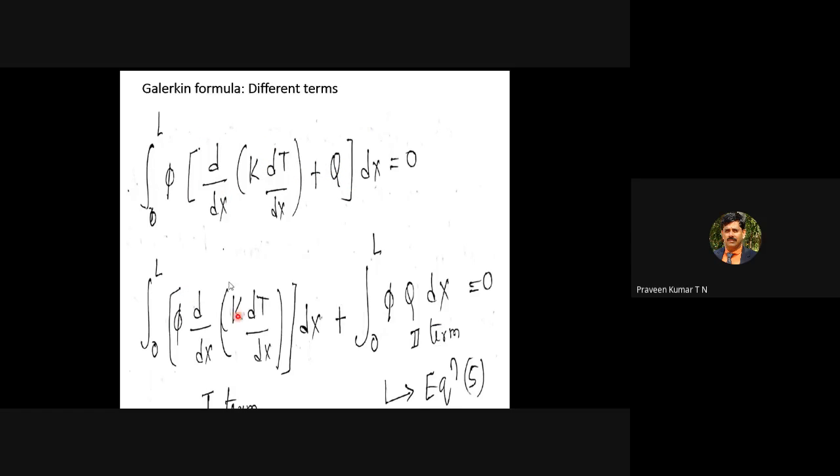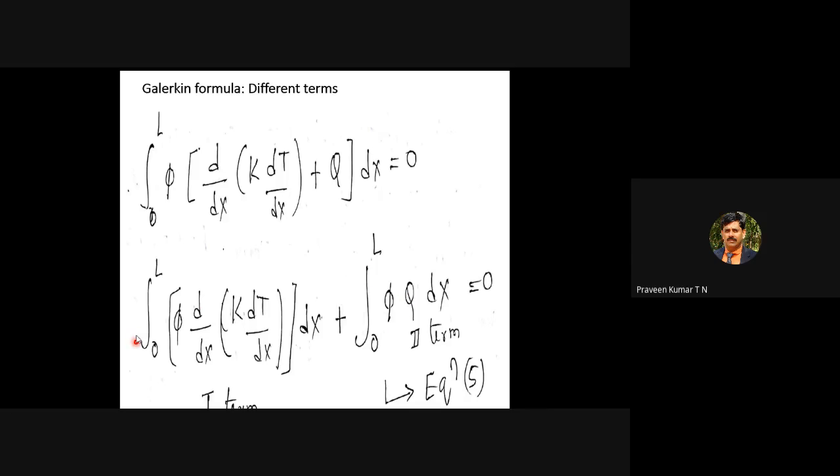Phi into this is the first term. Phi into q, this is the q, don't confuse between q, theta or phi. I expanded this because the one page of notes I have divided into 3 or 4 pages in the PPT. That's why it comes in a little bit odd shape.